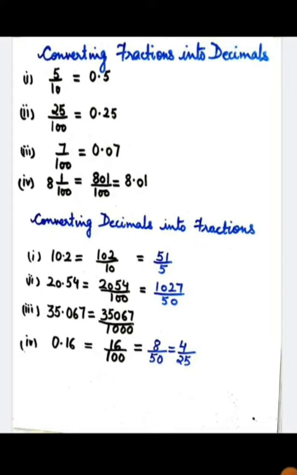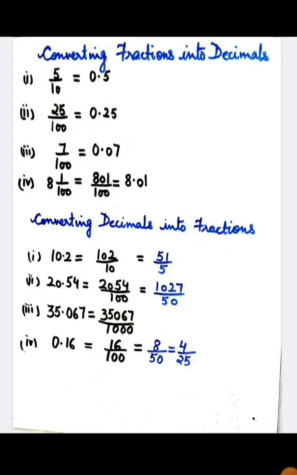Now, in the second example, the given number is 20.54. First of all, write the given number as the numerator without the decimal. And our numerator here is 2054. Now you have to write the denominator, put the line in between and write down 1.